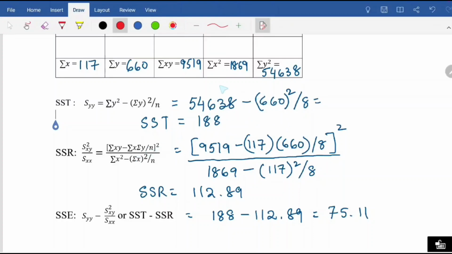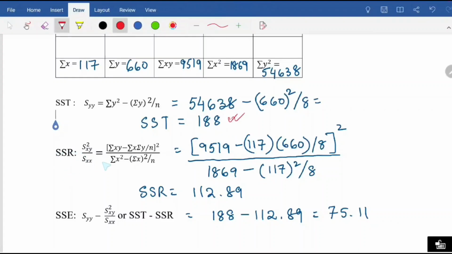Make sure you first calculate this squaring and division, and then subtract the result from 54638. The order of operations is very important. Otherwise, you'll get a completely different answer. First squaring, then division, multiplication, and then lastly it's addition and subtraction. So we got a value for SST.